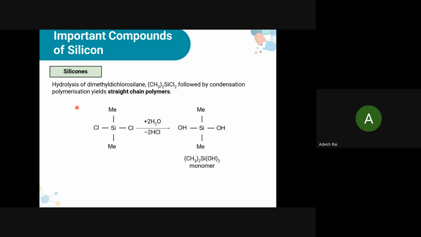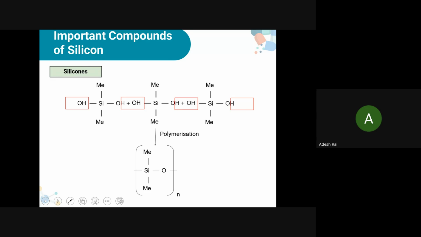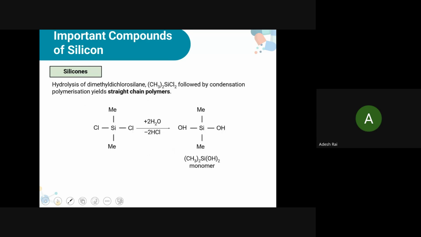Is that clear? So hydrolysis of dimethyl dichlorosilane, followed by condensation polymerization, yields straight chain polymers. So that further step, I think it's given over here. Yeah. So you have got this compound. Now, when this undergoes condensation polymerization, what is condensation polymerization? You will study all of this in the polymers chapter, which is also there for the advanced syllabus. But as of now, condensation means molecules will be condensed with each other.